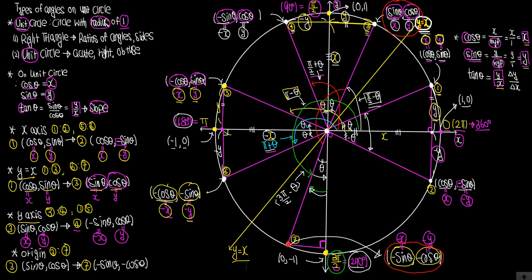Which means if the two coordinates are origin symmetrical, then the original x value, in this case sine theta, and the original y value, in this case cosine theta, will have exactly the opposite sign as the negative sine theta and negative cosine theta, and that's the property of origin symmetrical.